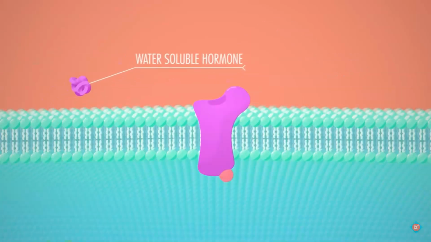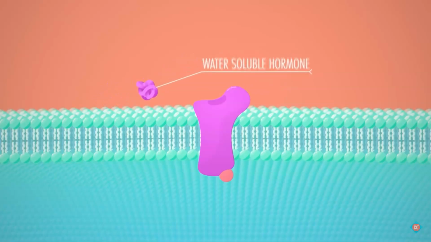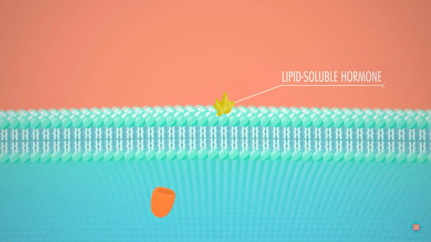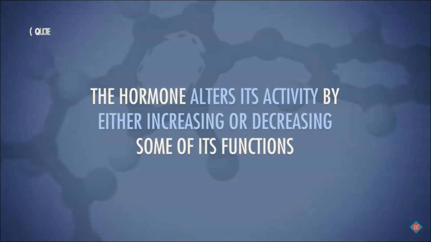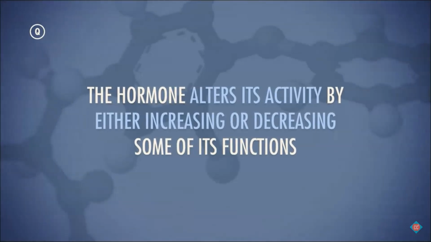That means that water-soluble ones can't get across them, so target cells for those kinds of hormones have receptors on the outside of their membranes. Lipid-soluble hormones, on the other hand, can just basically glide right through that cell membrane, so their receptor sites are inside the target cells. Either way, when a target cell is activated, the hormone alters its activity by either increasing or decreasing some of its functions, usually with the goal of maintaining your body's homeostasis in one way or another.